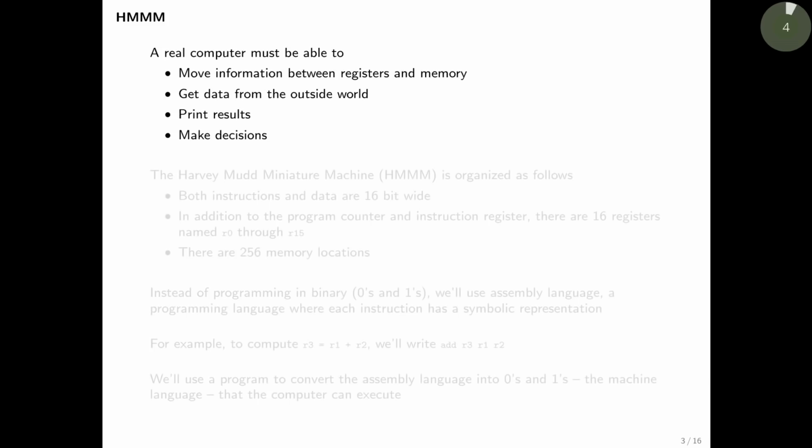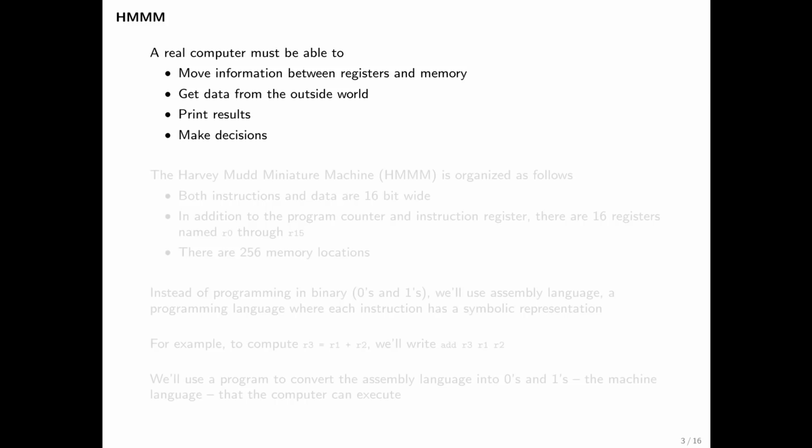Now, a real computer needs to be able to move information between registers and memory. We discussed this in the last lecture. We said that a computer typically consists of a central processing unit and also the main memory, and that it needs to be able to move information back and forth between the CPU and the memory, right?